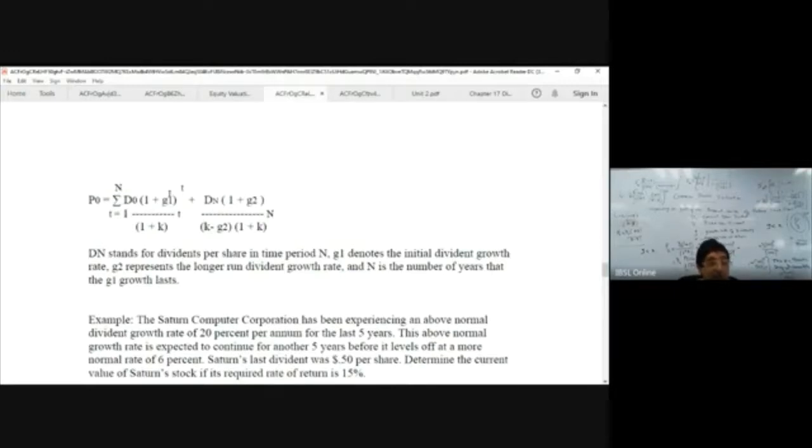So that is the normal happening for a startup. In this formula, G1 is the earlier stage dividend growth, so that's a high growth. And G2 is the dividend growth after a couple of years' time.